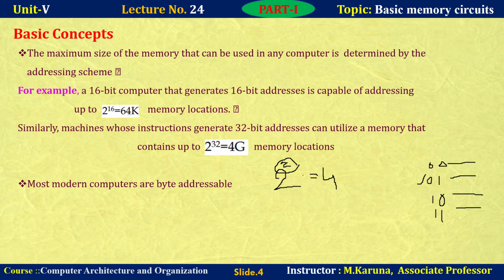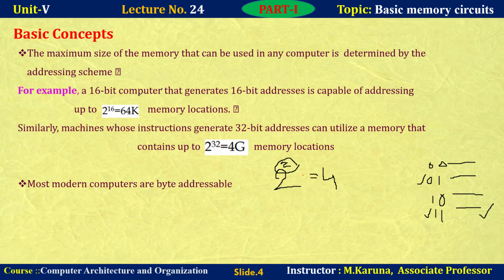So 2 address lines are required to carry these 2 bits. If you want to select the fourth memory location, then you have to send 1, 1 address bits on the address lines to memory. Then this memory location will be selected.